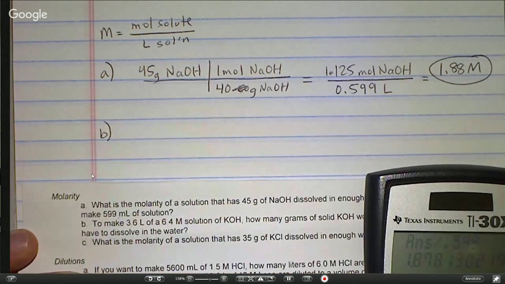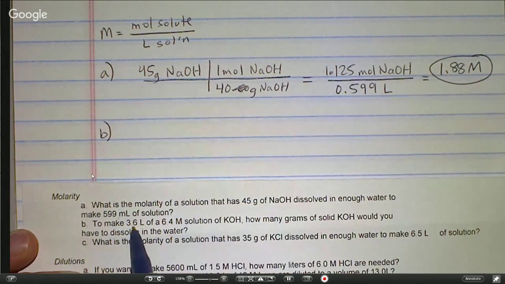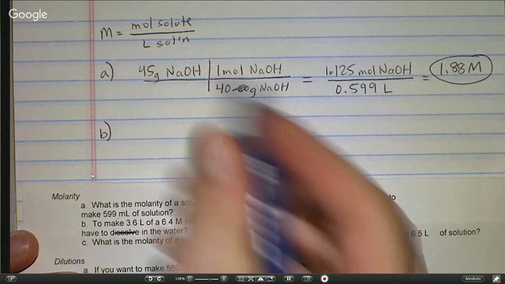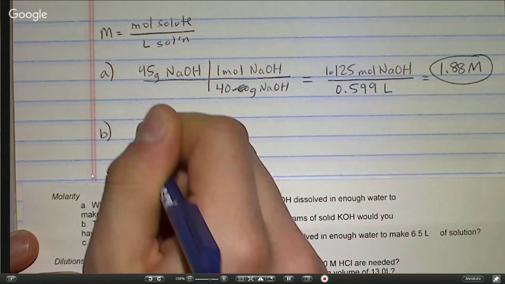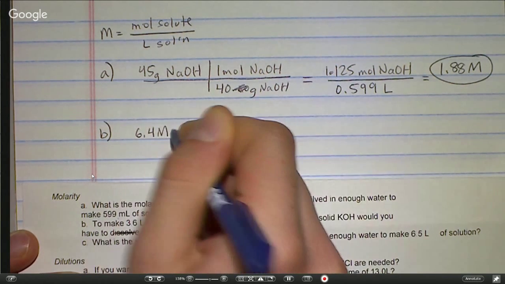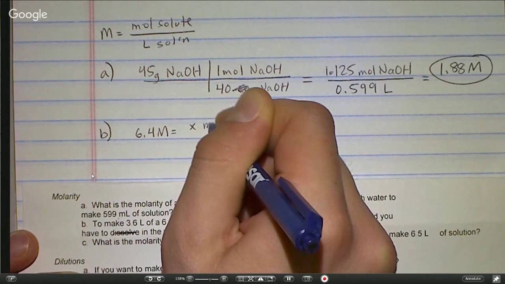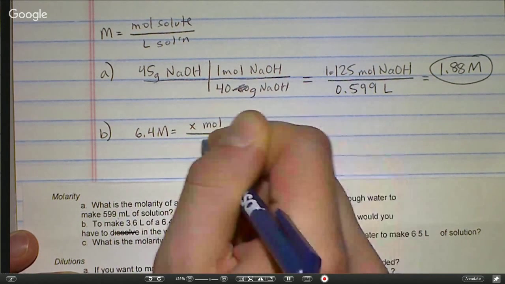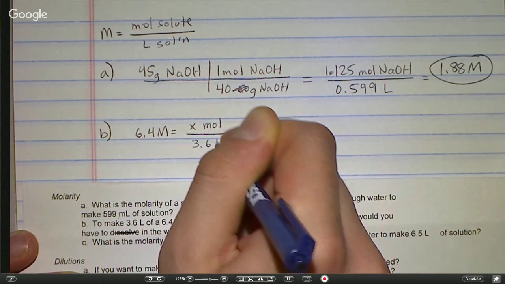Okay, we continue on in B. To make 3.6 liters of a 6.4 molar solution of KOH, how many grams of solid KOH would have to dissociate in the water? Well, we have 6.4 molar equals X moles over 3.6 liters.